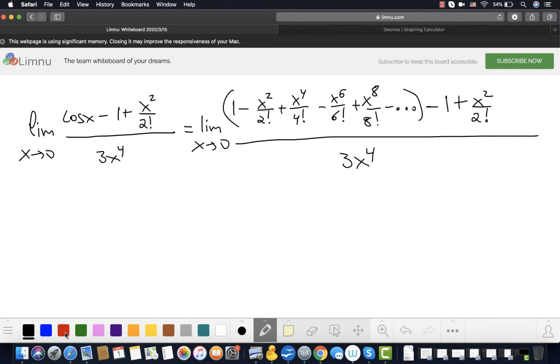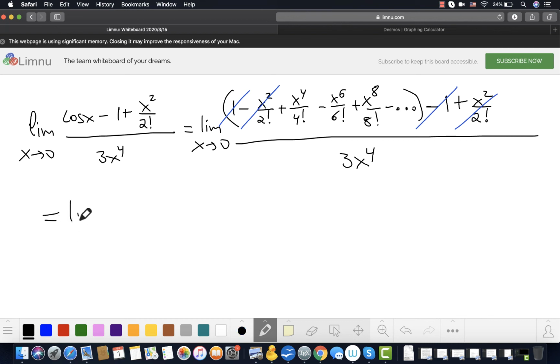And I'm dividing this by 3 times x to the 4th. Now what we notice here is that some cancellations happen in the numerator. This 1 cancels out with this minus 1, and minus x squared over 2 factorial cancels out with the plus x squared over 2 factorial. This will be the key.